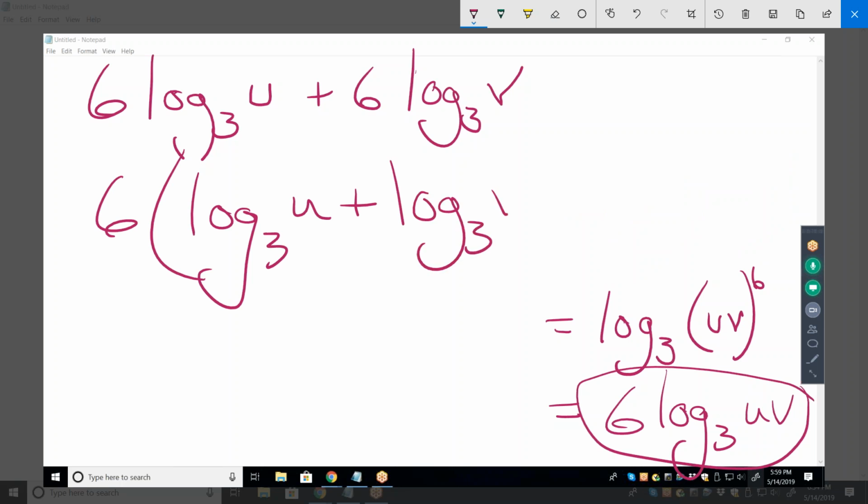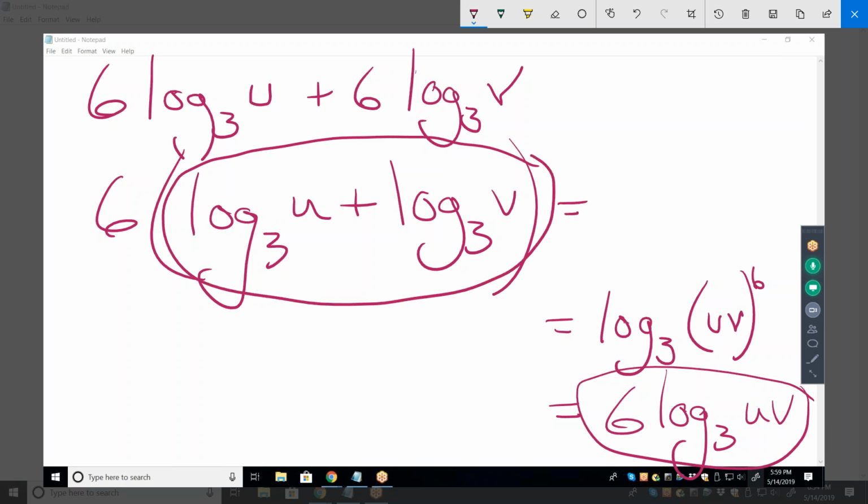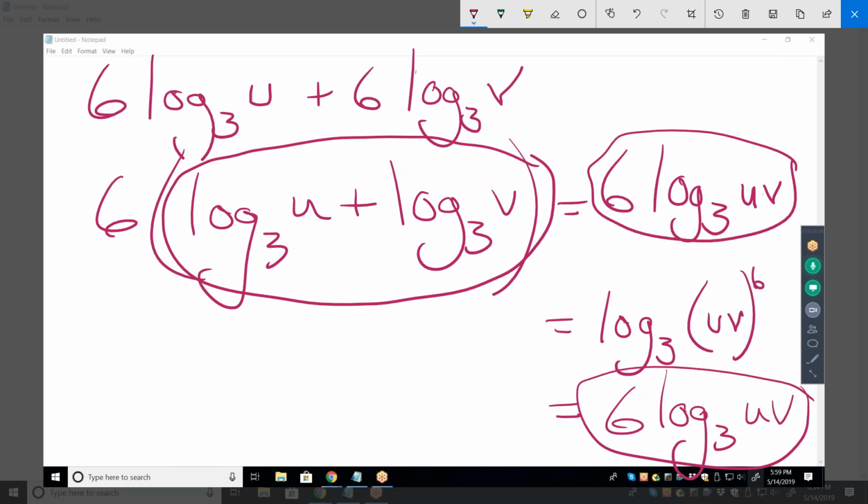See what I did? And then this becomes 6 times the log base 3 of uv. So that's the same answer, as it should be. It always has to be the same. Otherwise, we've made a mistake.